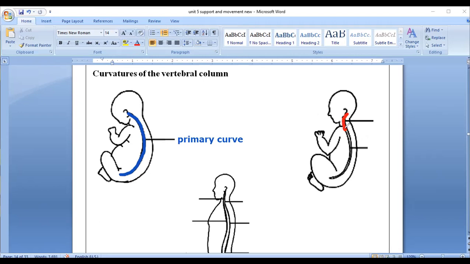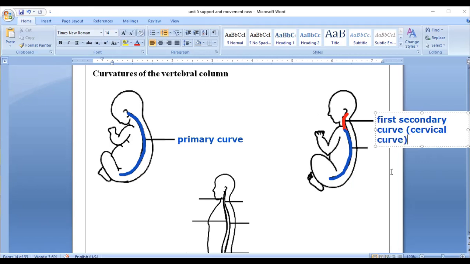The rest of the curve remains as it is. Understood? Yes, sir. So what is marked here? First secondary curve. Any other name given for that? Cervical curve.